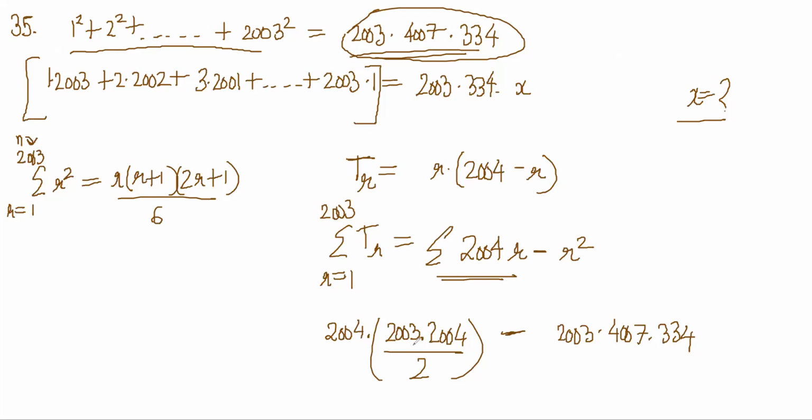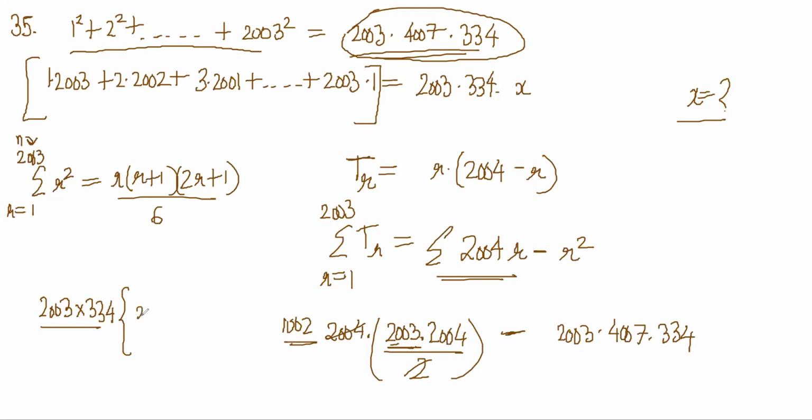So now here, this becomes 1002, right? And 2003 into 334 you can take common, right? Because 2003 into 334, 3 will come from here and 2004 will be left.